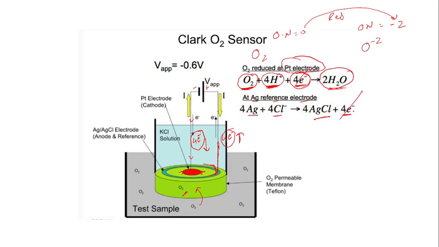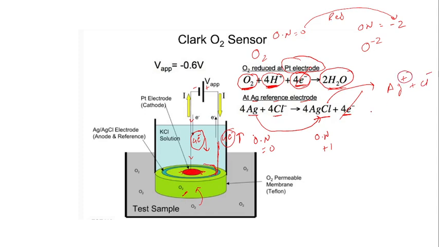So what is this reaction? Ag to AgCl. The oxidation number of silver is 0. Any metal which has no charge has oxidation number 0, whereas here the oxidation number is plus 1, because this salt is made of Ag plus ion and Cl minus ion.